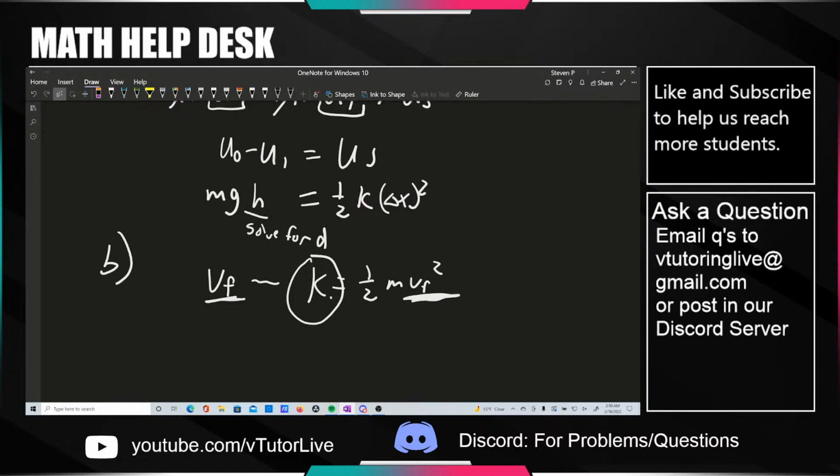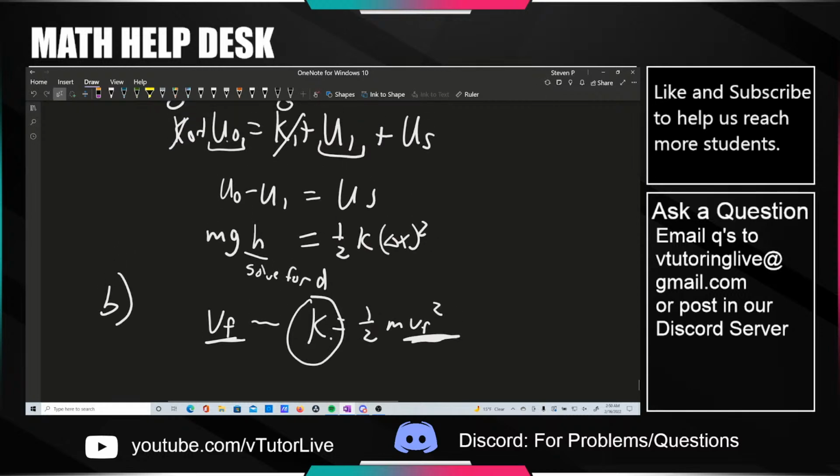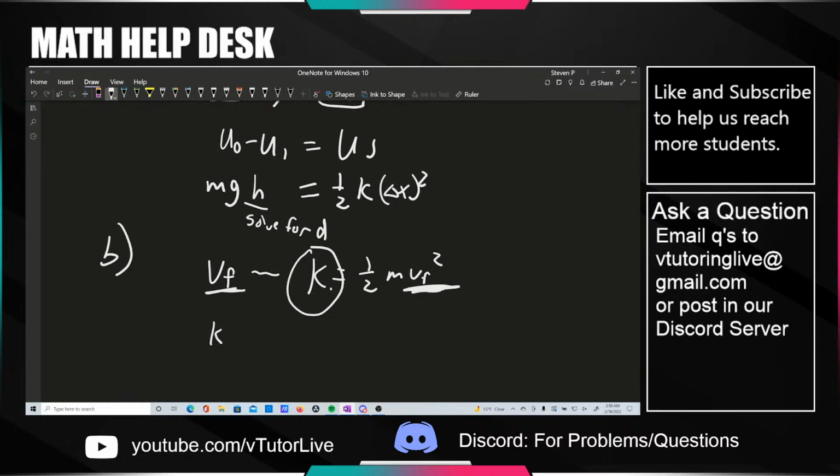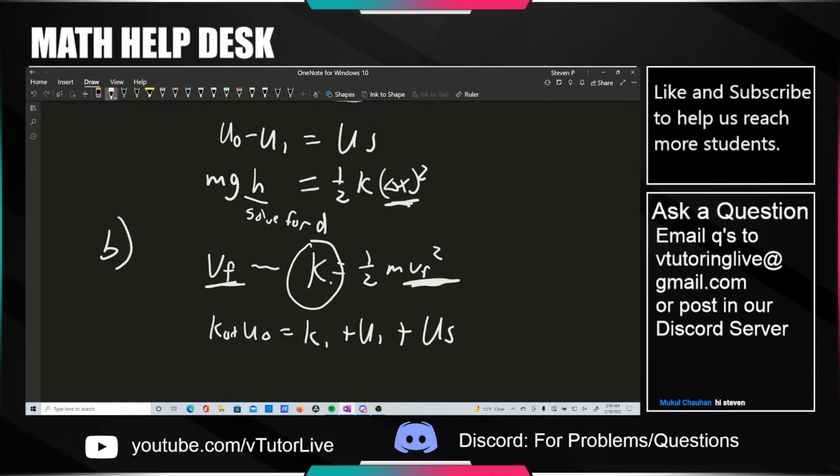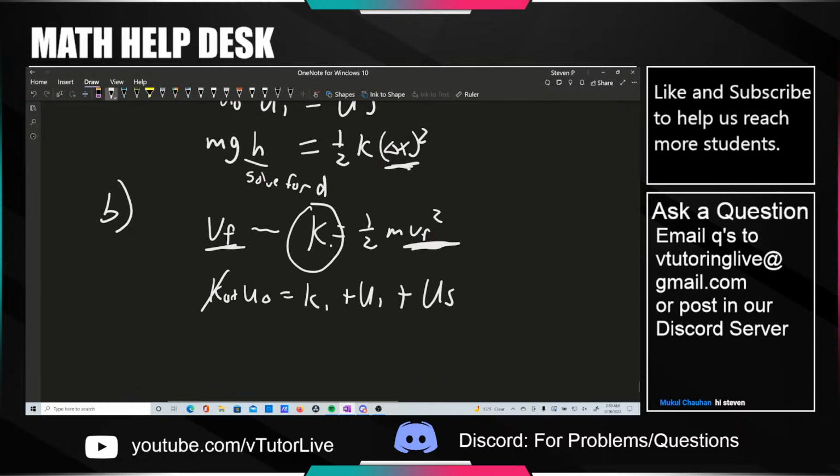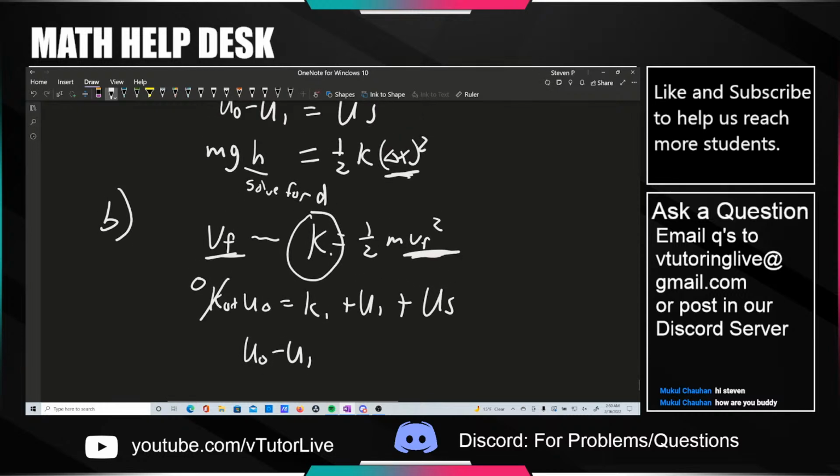All right, so what are we trying to do now? We're kind of reusing our equation from before. K0 is still 0, plus U0 is equal to K1 plus U1 plus Us. So before, where delta x was given to us, now we have to solve for it. So K0 is 0. U0 minus U1 is still the same expression, mgh.